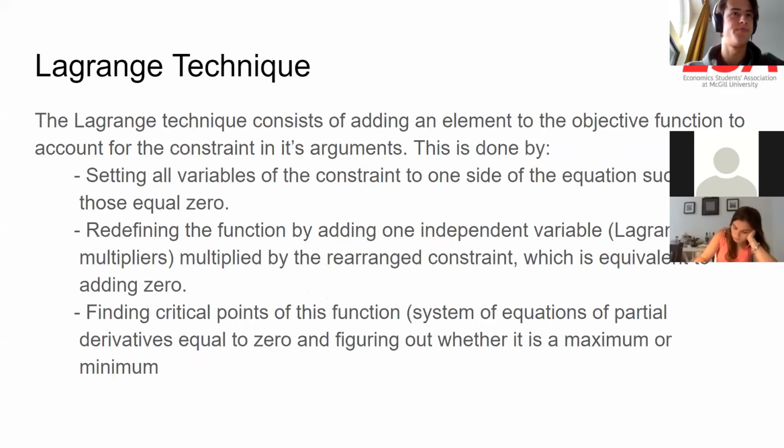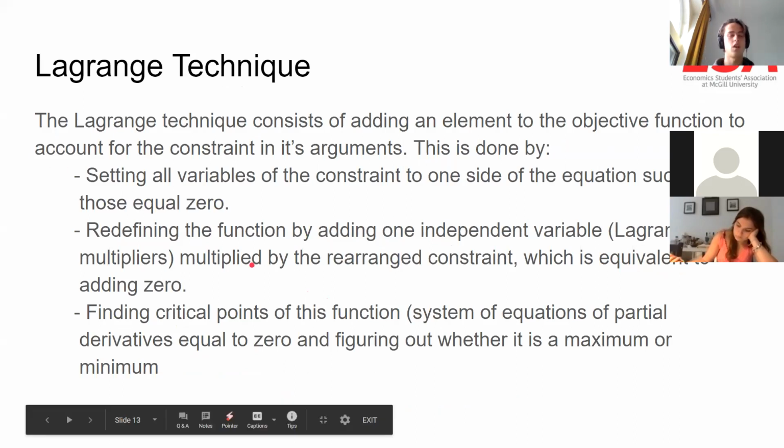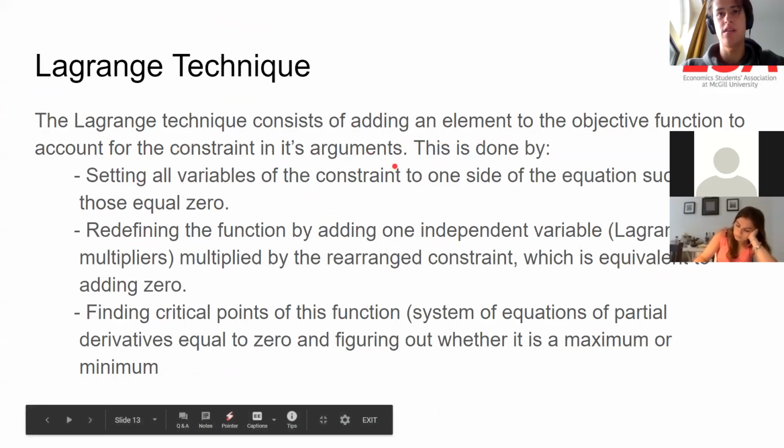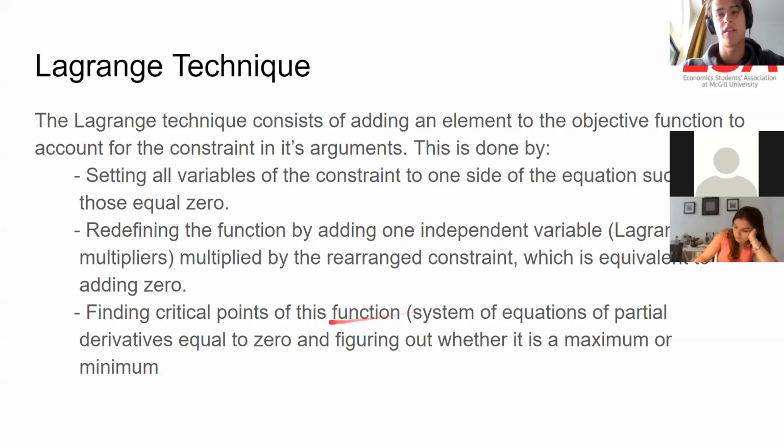Cool. All right, so there's two different techniques that I personally use when it comes to multivariates and constraint optimization. The first one being the Lagrange technique. I understand that this is a bit wordy, but we'll look at examples right after this, which should make it somewhat clearer.